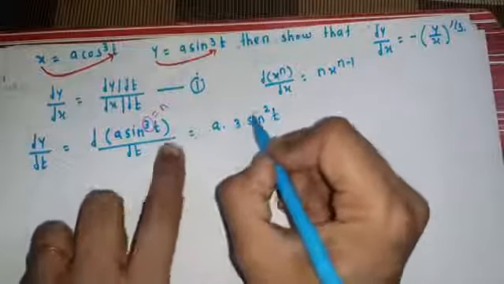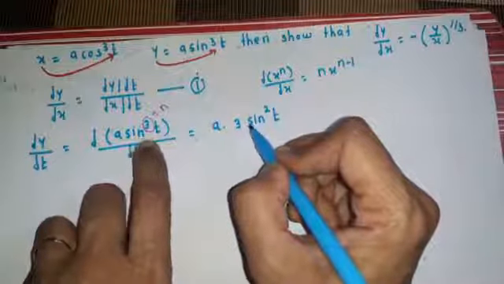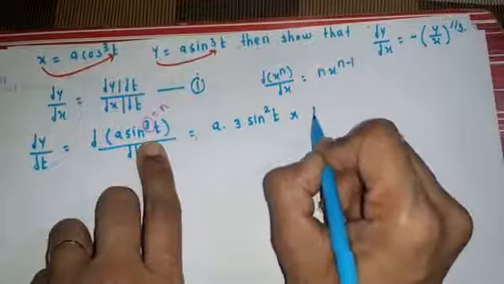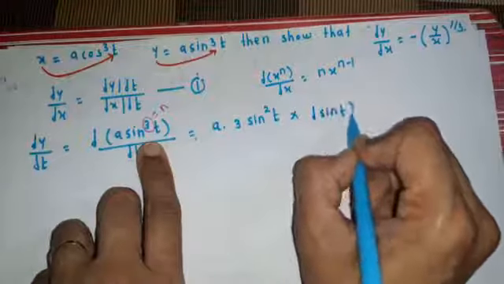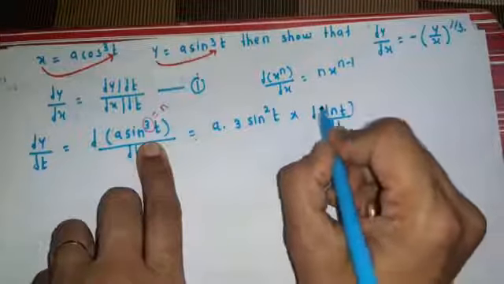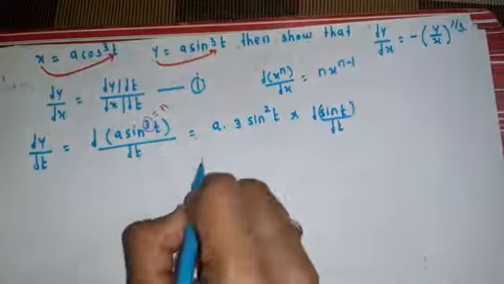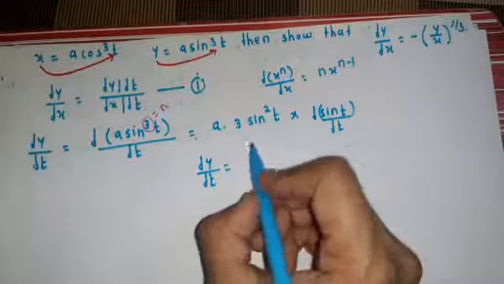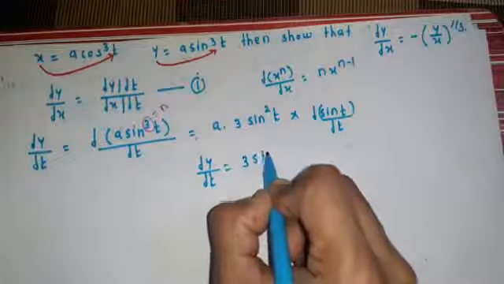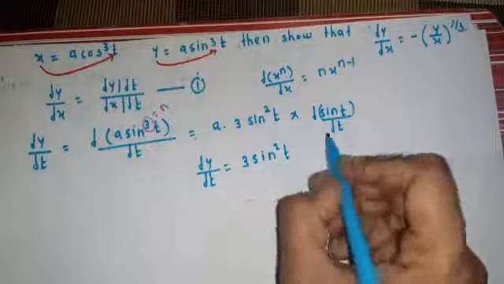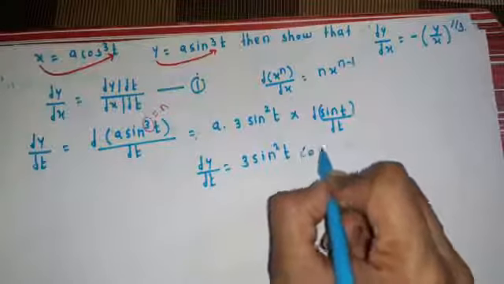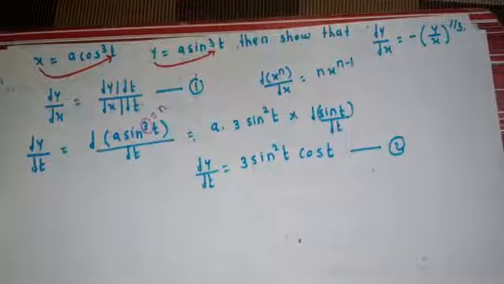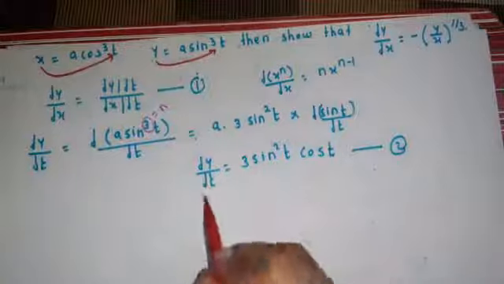Again this power function is a function of sine t, which is a differentiable function, into differentiation of sine t with respect to t. Therefore dy by dt equals 3 sine square t into differentiation of sine t, which is cos t, and this is dy by dt.